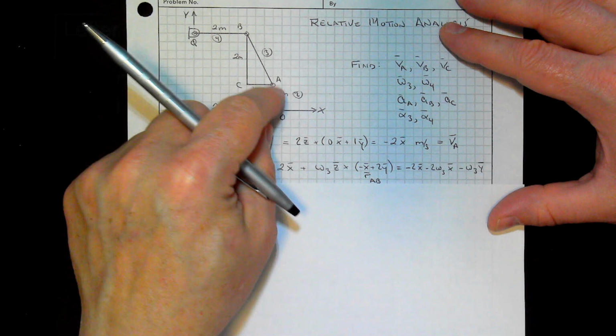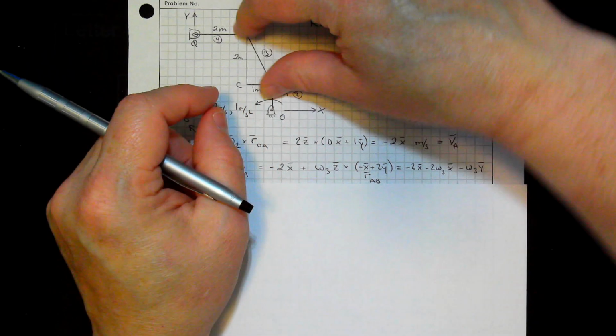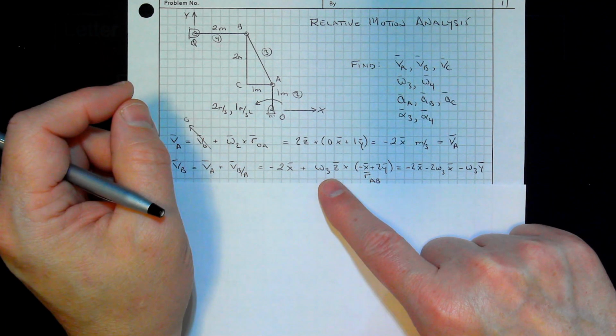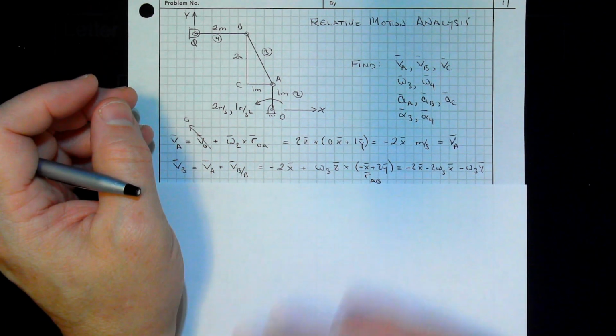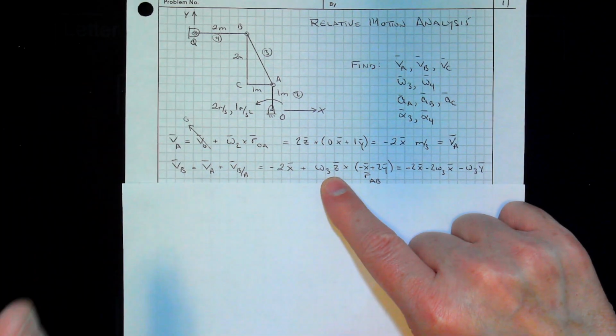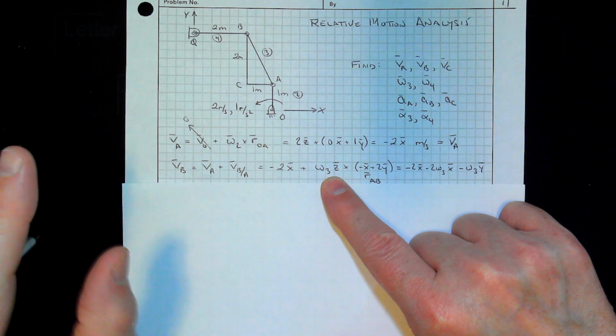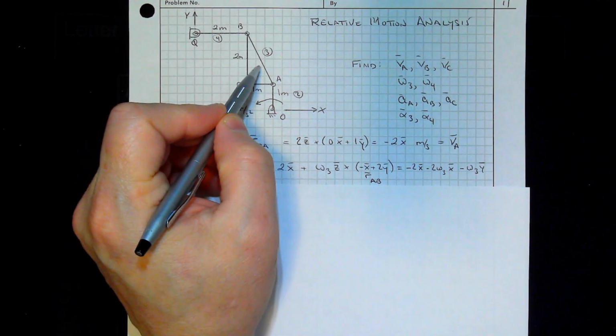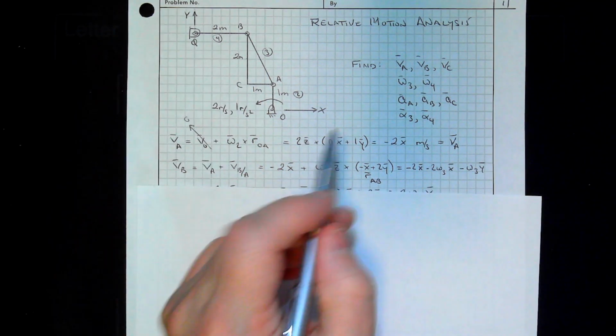Now if you let this thing rotate, you'll notice it's going to be rotating clockwise, so I'll get a negative sign for this. That's fine. Anything you don't know, I always take it in a positive vector sense and let the signs tell me different. Okay, so omega 3, assuming it's counterclockwise, will get corrected.